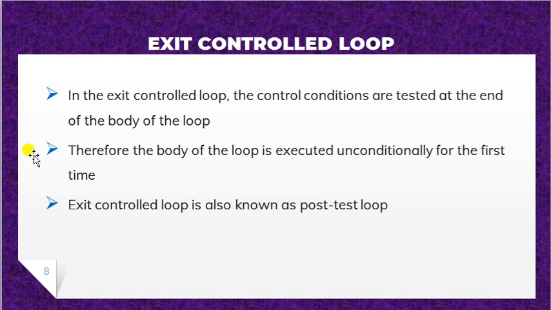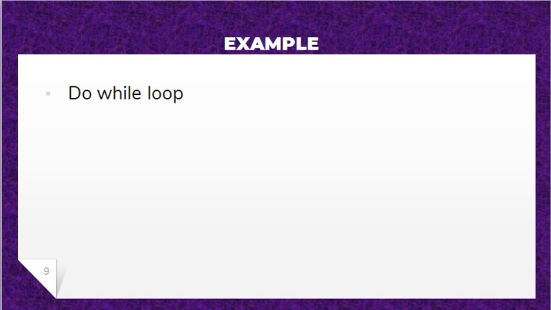That is the difference. The exit controlled loop is also known as a post test loop. The body executes at least once because only after that does it check the condition. If it is false, it does not go to the loop again and exits. If it is true, it continues execution of the body of the loop. The example is the do while loop. We can discuss the do while loop in the next classes.